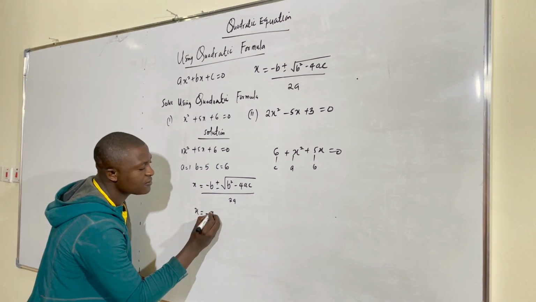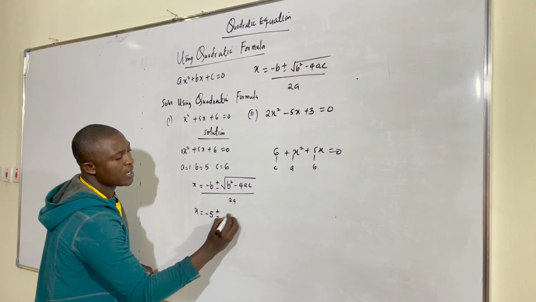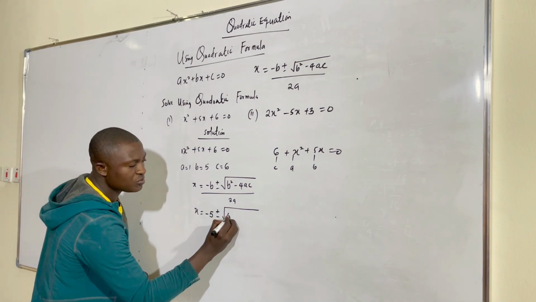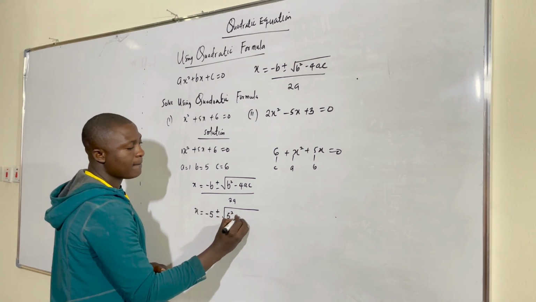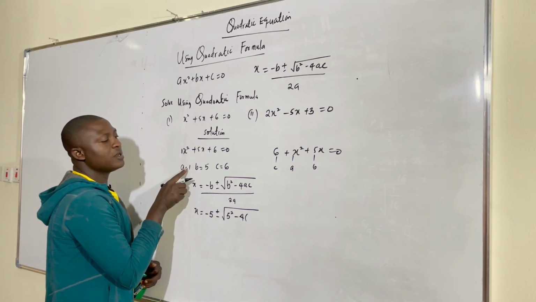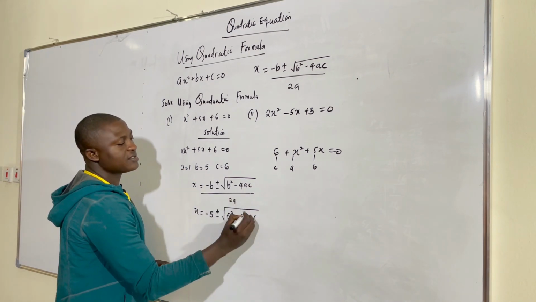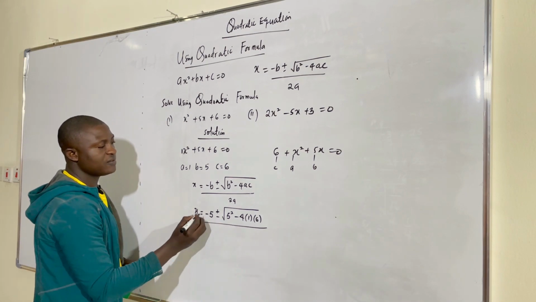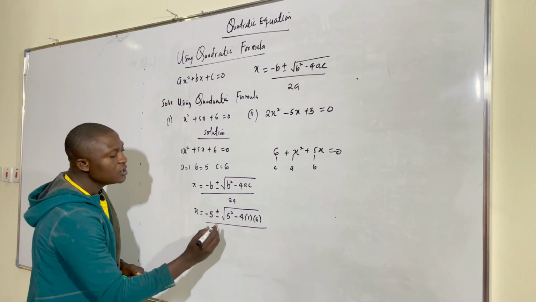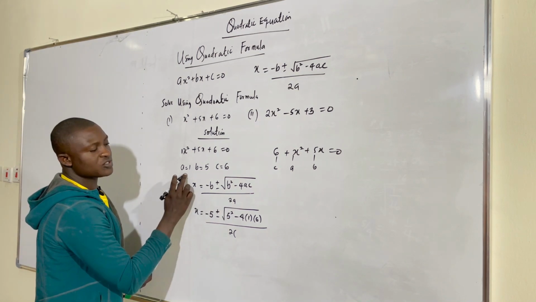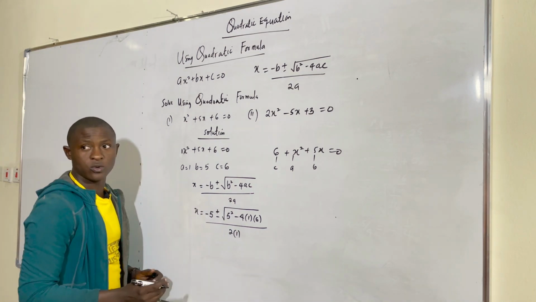We have minus 5 plus or minus square root of b squared, which is 5 squared, minus 4. Now, from the data we got here, our A is 1. We have 1, and our C is 6, all divided by 2. At the same time, our A again, we have it as 1. I hope you are following, right?